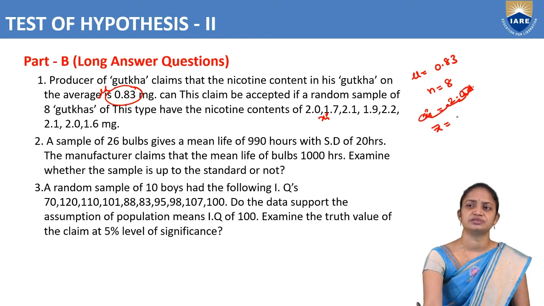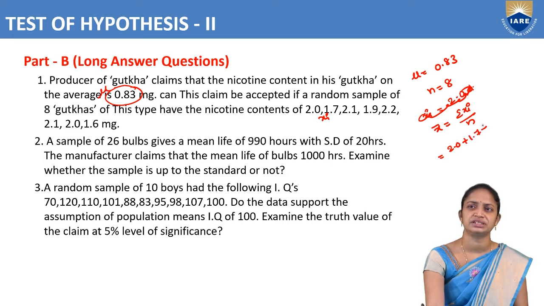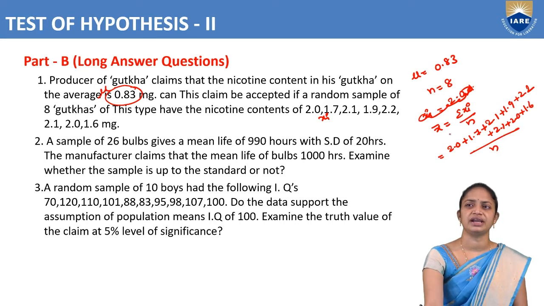How to find the x bar value? We know that x bar is summation xi by n. That means 2.0 plus 1.7 plus 2.1 plus 1.9 plus 2.2 plus 2.1 plus 2.0 plus 1.6 divided by n. From that we can find x bar.